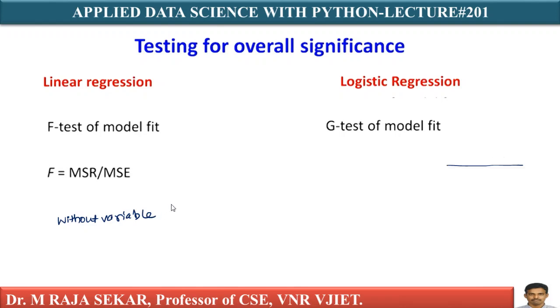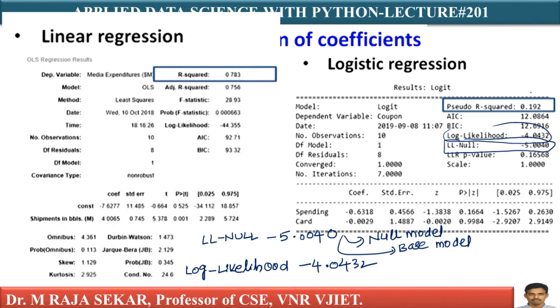We have two values, just see. LL null means without the variable, minus 5.0040. With variable means log likelihood, that is minus 4.0432. Just remember these values.